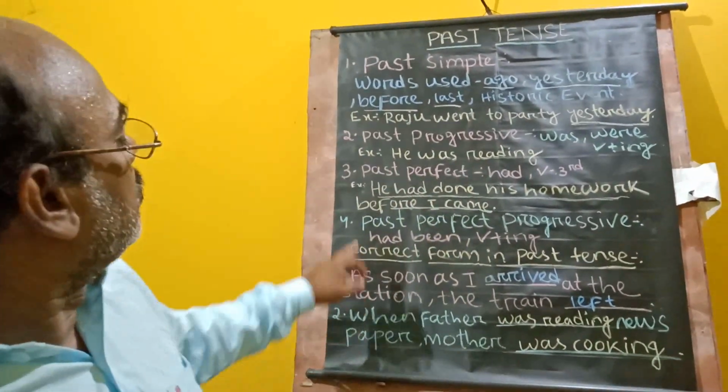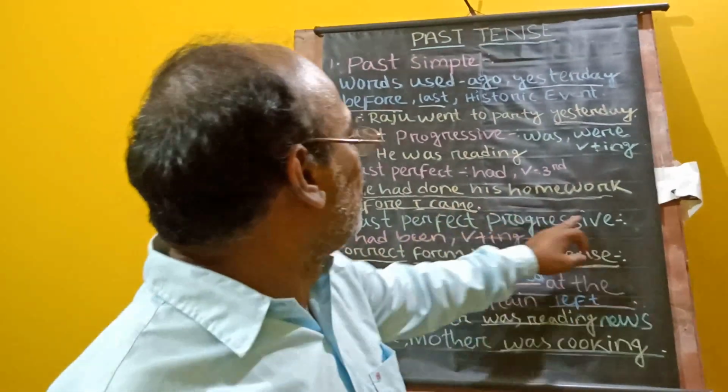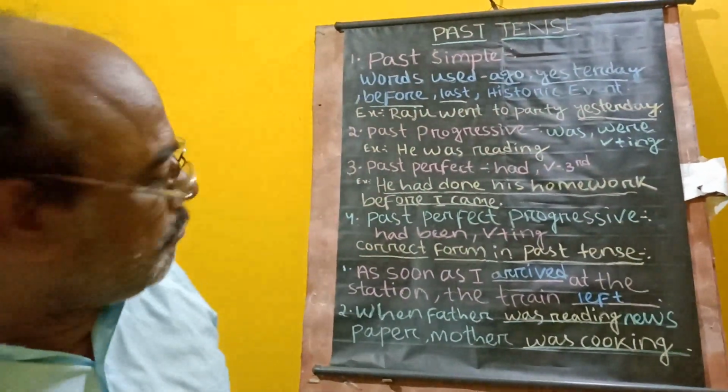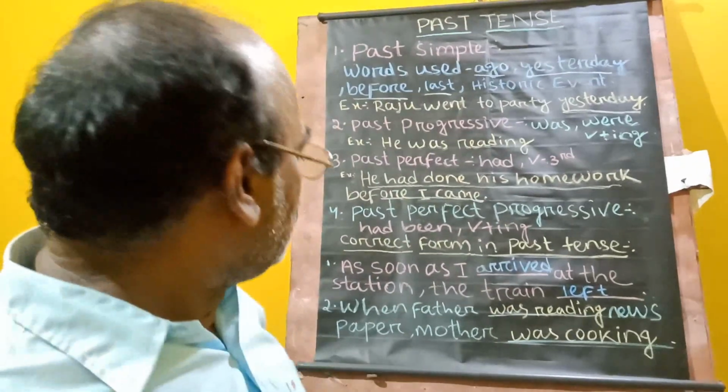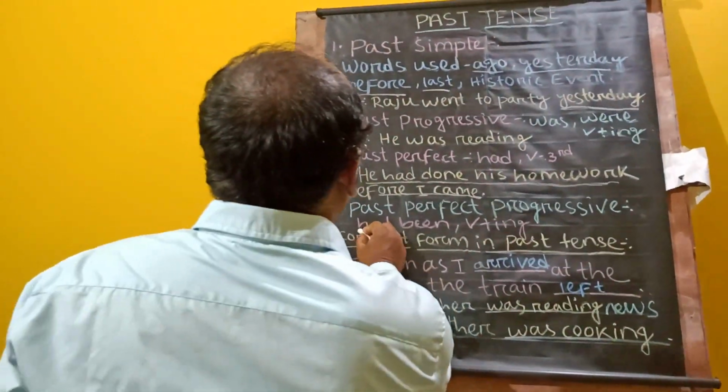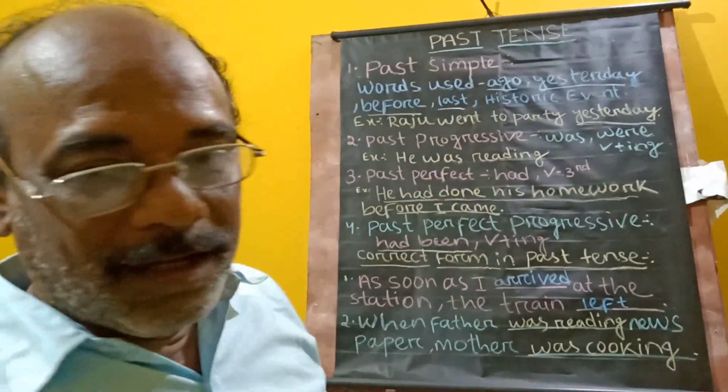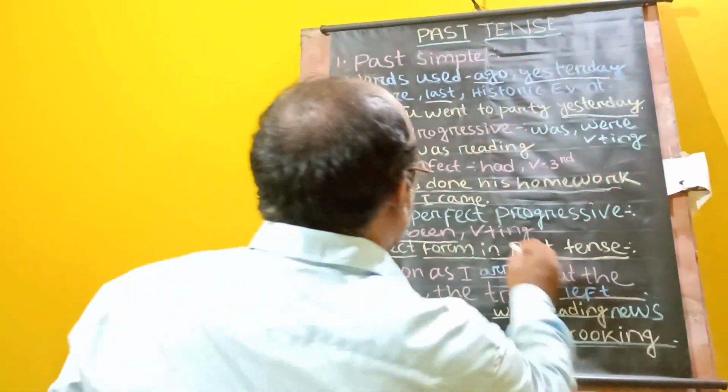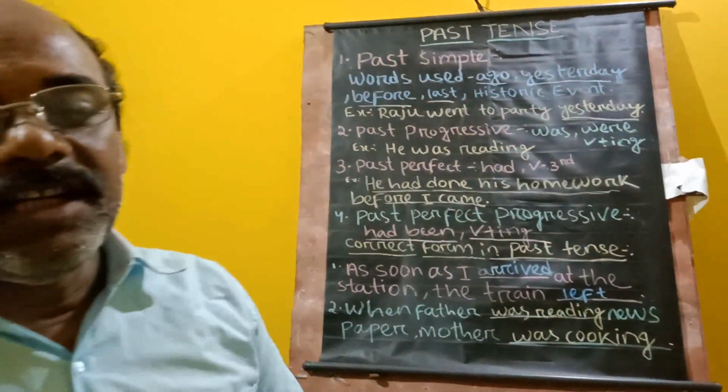Next, past perfect progressive. Its helping verb is had been. Then verb plus ing.